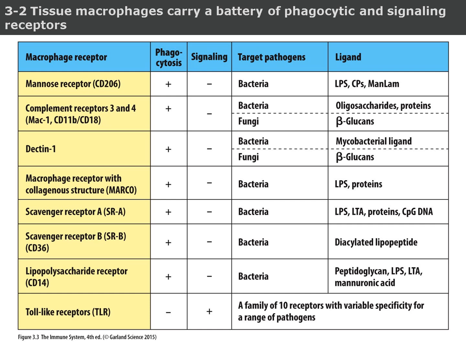It binds a broad spectrum of bacterial components including peptidoglycan, lipopolysaccharide, lipoic acid, and mannuronic acid. Finally, toll-like receptors form a family of 10 distinct receptors that do not participate in engulfment but are essential for signaling.